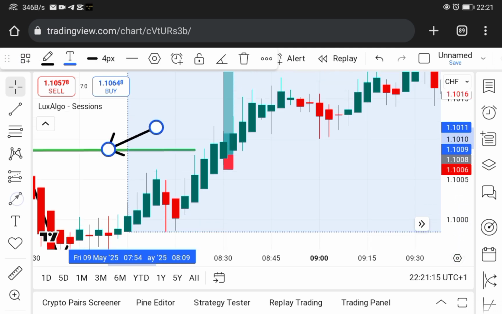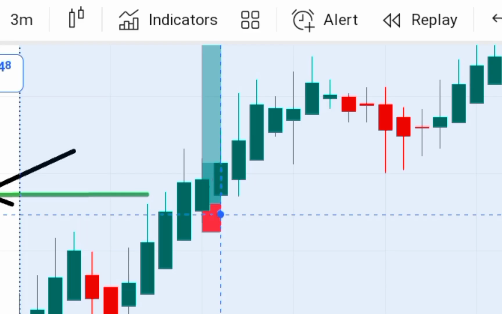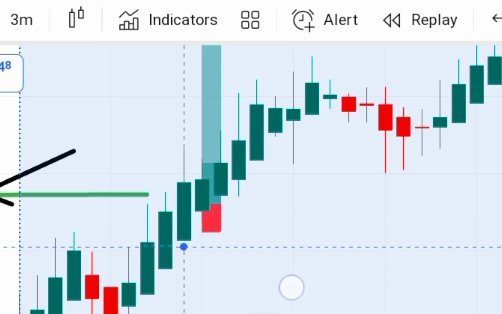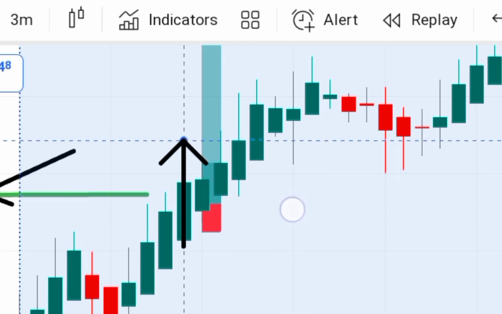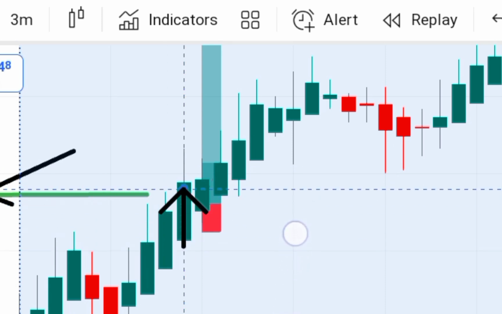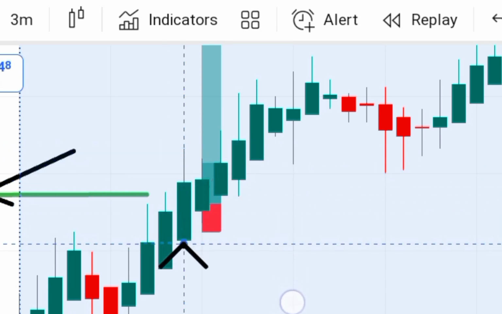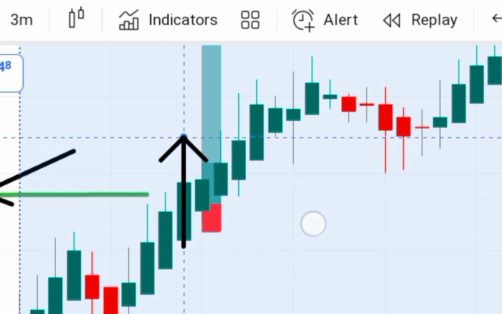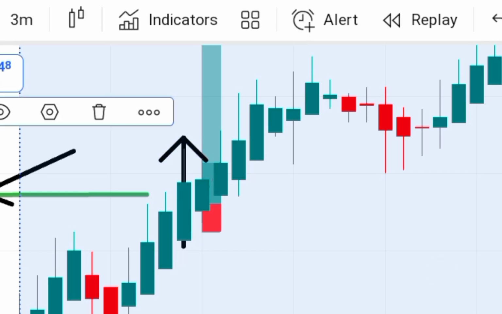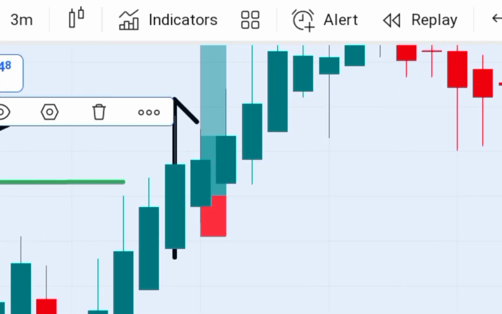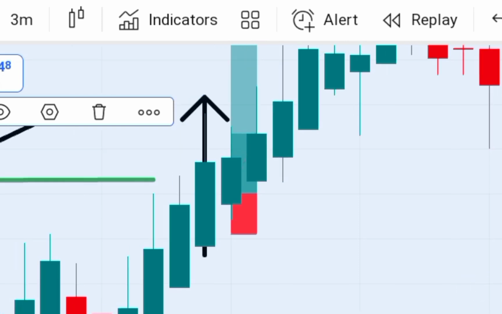You've seen that this very candle was the one that closes above that zone. This is to show you where our stop loss comes in. So you just go to your 1 minute and pick a candle around that zone and you place your trade and place your stop loss.